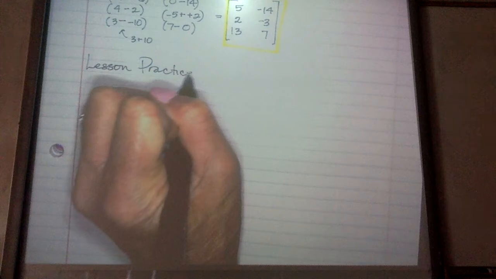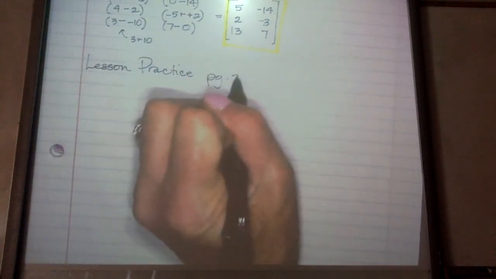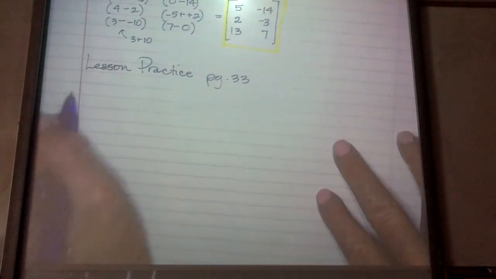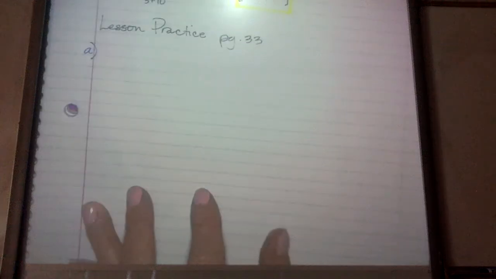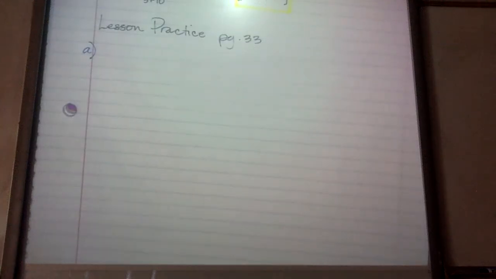Sorry, I changed the order from last year, and that's why I was stumbling. Lesson practice is on page 33, and let's start with part A. Again, you can pause this video anytime. So part A gives us the data on two different stores, the West Side store and the East Side store. And it asks us to organize the information and then to add them.